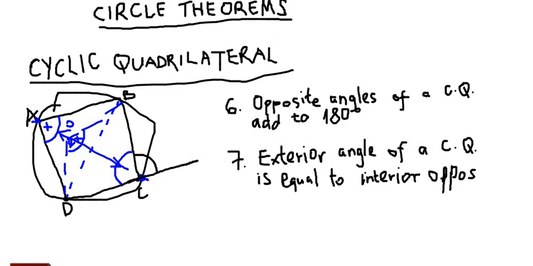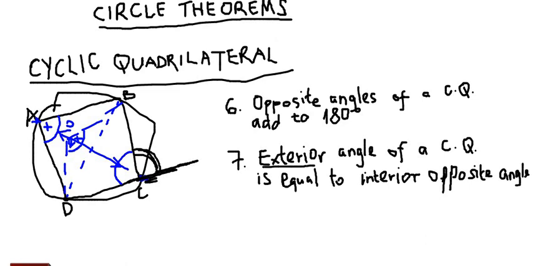Okay, so if we go to our demonstration here, what we are saying is that, for example, by creating this exterior angle, this angle is outside the cyclic quadrilateral. We have created it by extending one side of the cyclic quadrilateral. So we have created an exterior angle.